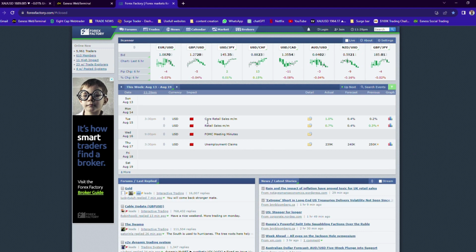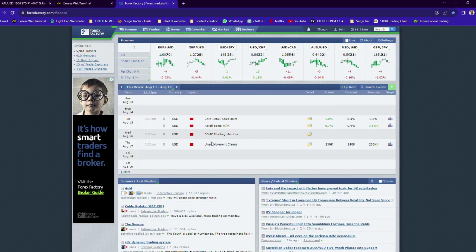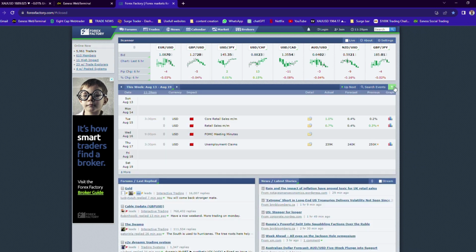You will see they show you core retail sales, which will fall in the growth of the economy; the FOMC meeting, which will fall in central banks; and unemployment claims, which will fall in the employment data release. So those three. The one missing is inflation, and this will be the consumer price index.